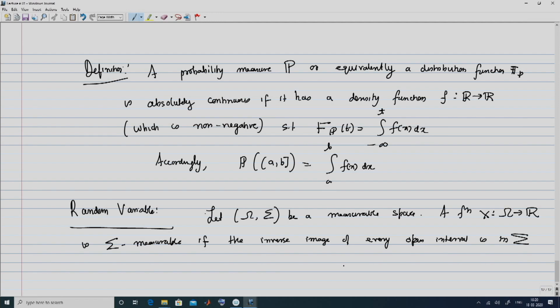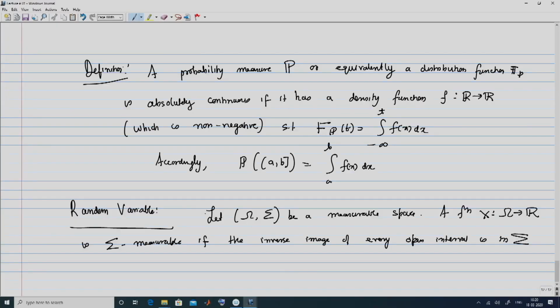So, if the inverse image of any open interval in R belongs to sigma, then we say that this function X is sigma measurable.